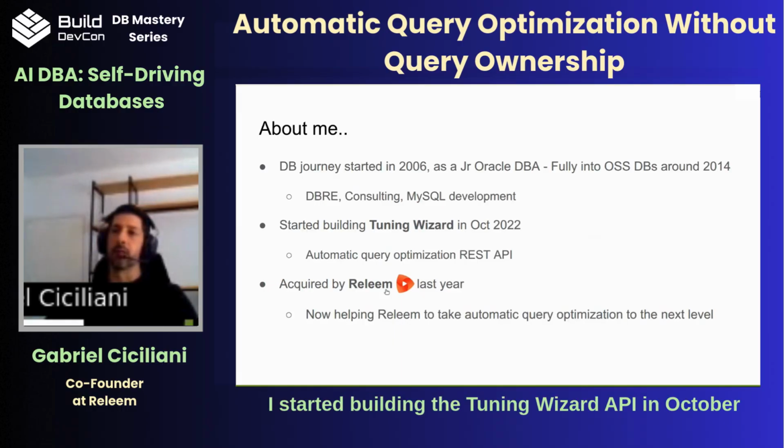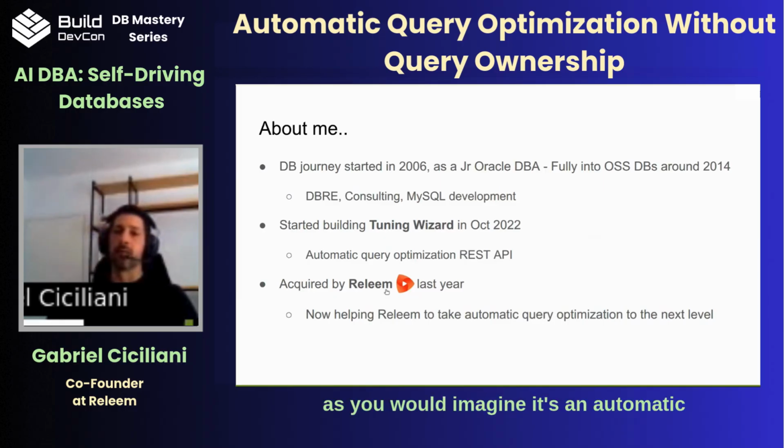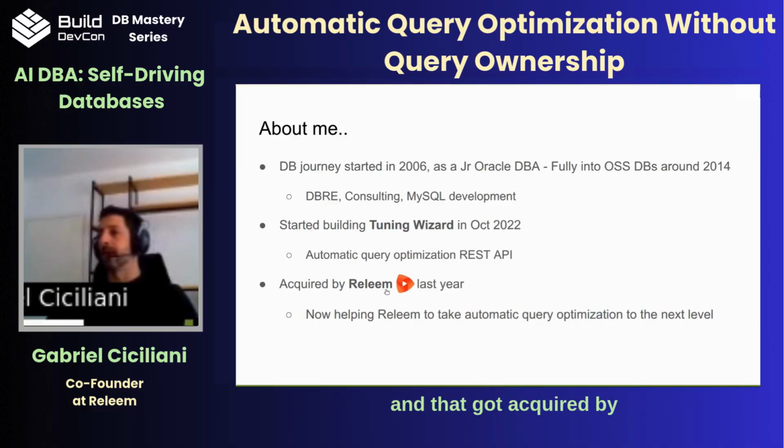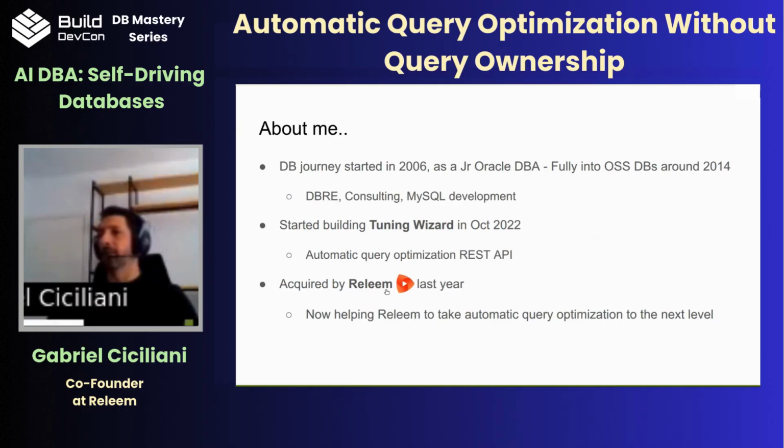I started building the Tuning Wizard API in October 2022. As you would imagine, it's an automatic query optimization API, and that got acquired by Releem last year. So I'm now helping them to take automatic query optimization to the next level.